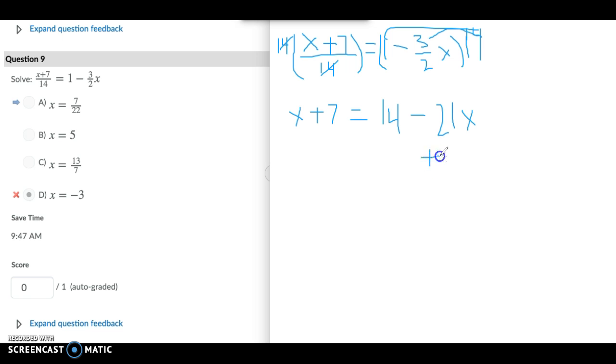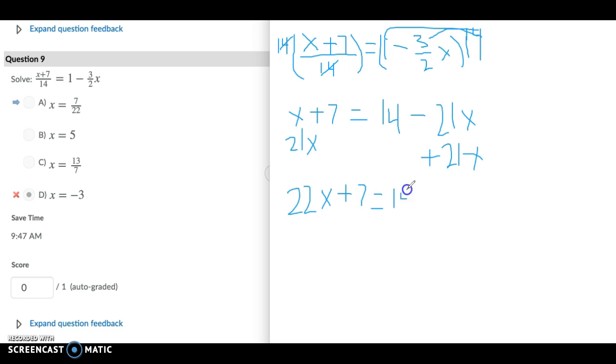So I'm going to add 21x because I like dealing with positive numbers. If I do that, 21x plus 1 more is 22x plus 7 equals 14.